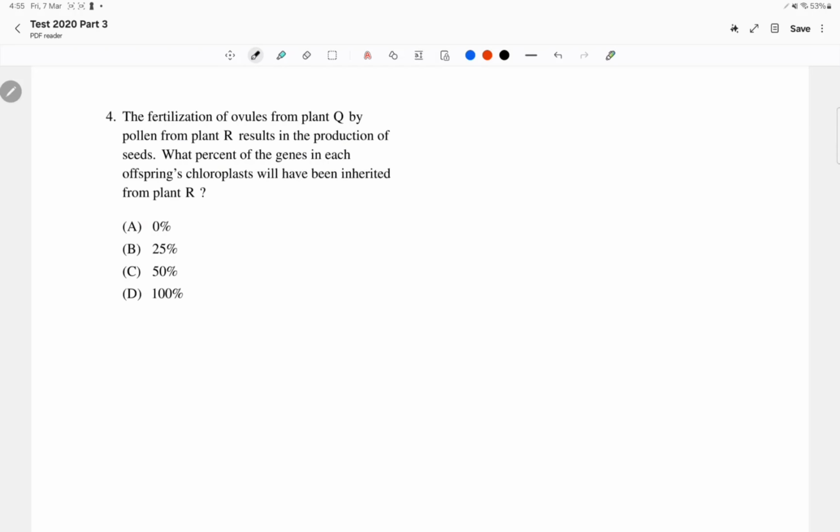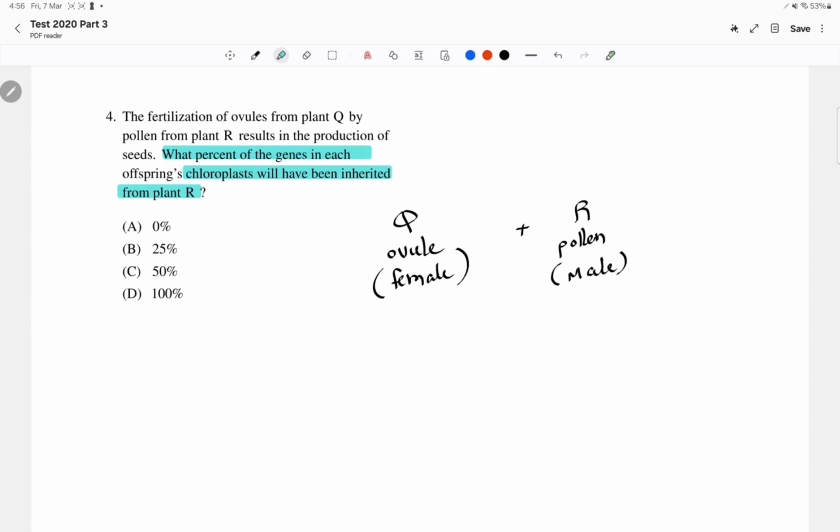Okay, guys. Q have ovules, so they're going to be female. And R has pollen, so male. Now, what percent of the genes, chloroplasts, will be inherited from plant R? 7.